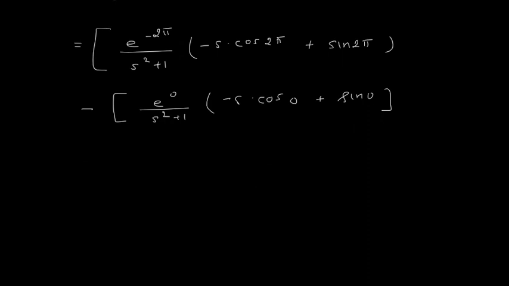So this is equals to e raised to minus 2 pi upon s square plus 1. Here cos 2 pi is 1, right, cos 0 is 1, cos pi is minus 1, cos 2 pi is plus 1. So here I will get minus s, sin 2 pi is 0, sin n pi is 0.